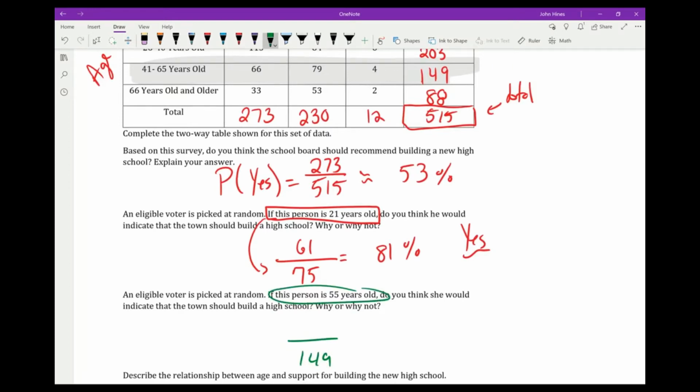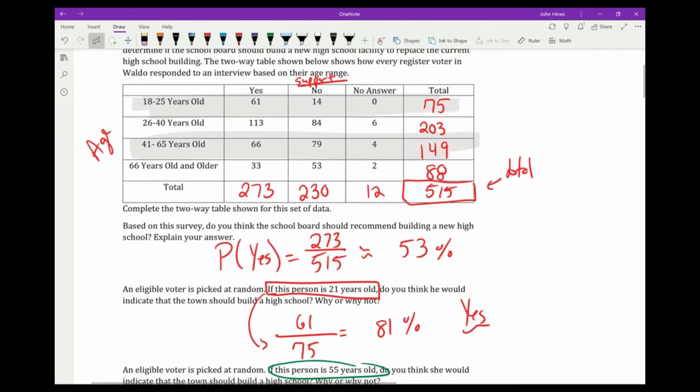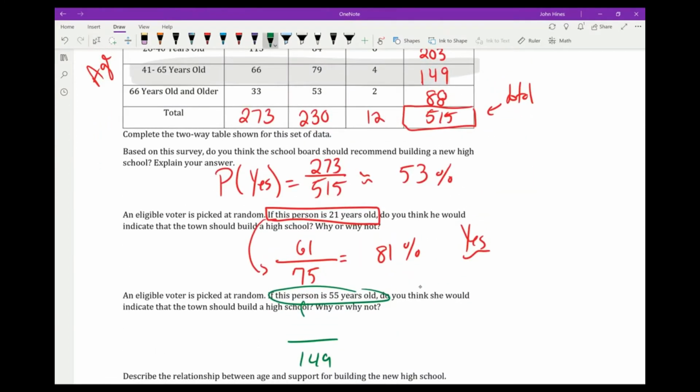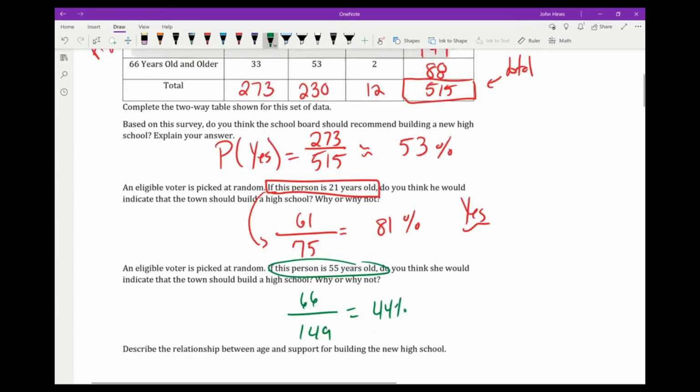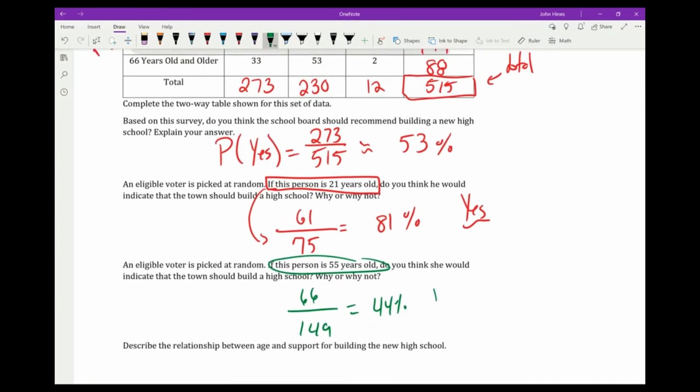How many people said yes? 66 people out of 149, which comes out to be about 44%. Do we think this person's going to be likely to support the high school? Probably not. Probably not going to support the new high school. They could. 44% of them do, but probably not going to support the high school.